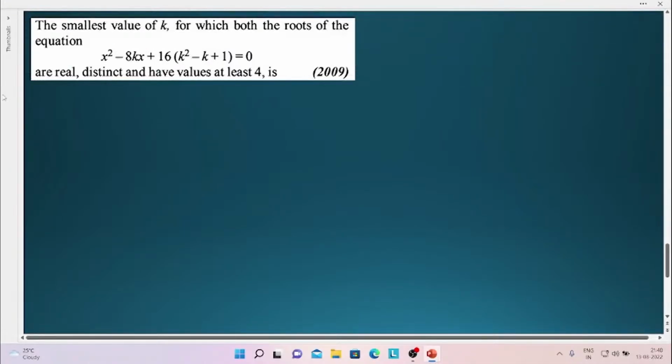So let me wait a second so that you can try to do this question on your own. So please try this question on your own, and after a minute I will give you the solution of that question, right?